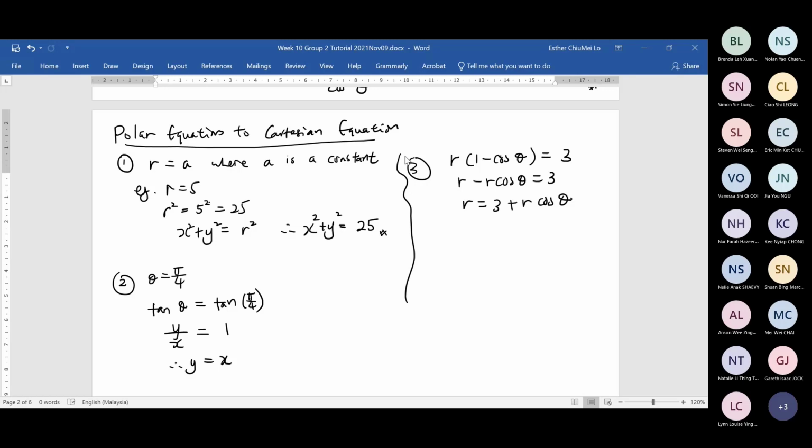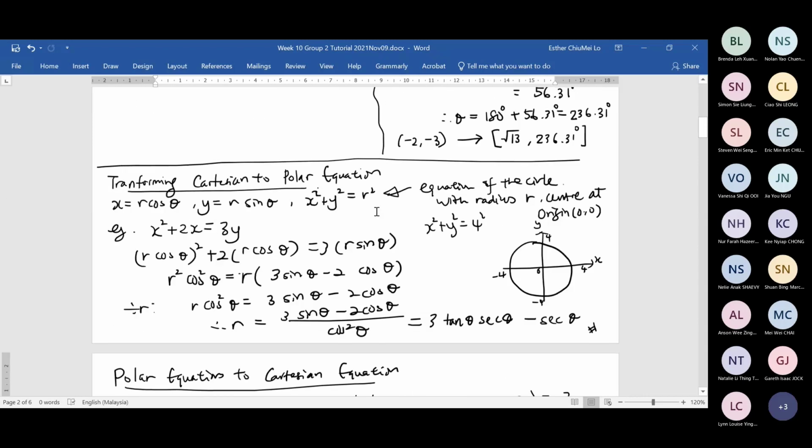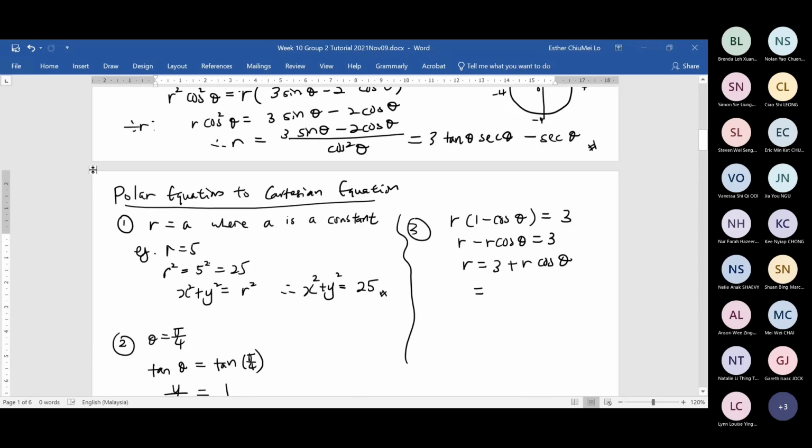Now, as we know, r cos theta is equal to x. So this part is x. So this is 3 plus x, or we put the x first, x plus 3, they are the same thing. So this is your r.